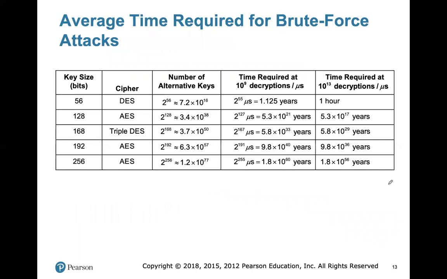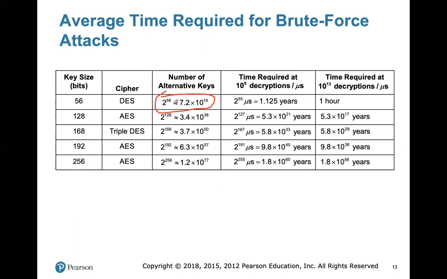Okay. And this table shows the number of trials that we need. 2 to the power of 56 is approximately 72 peta operations.